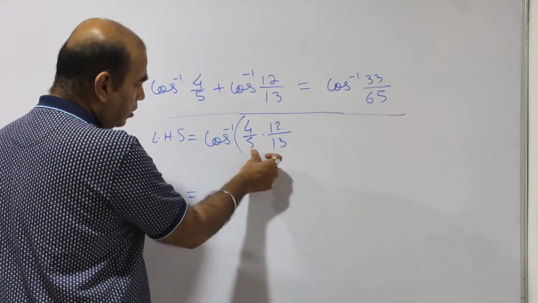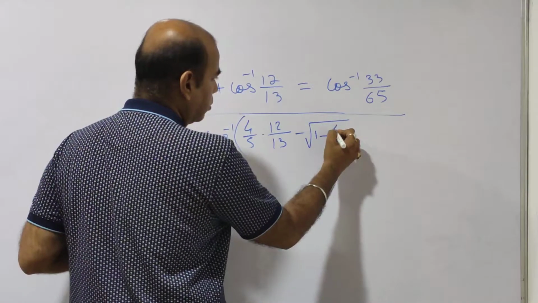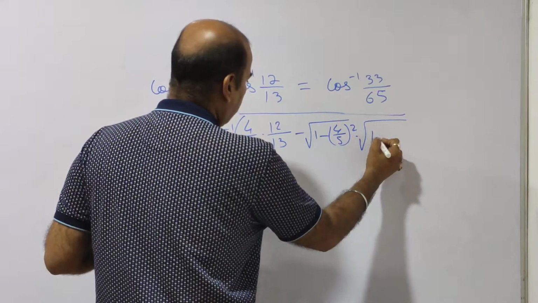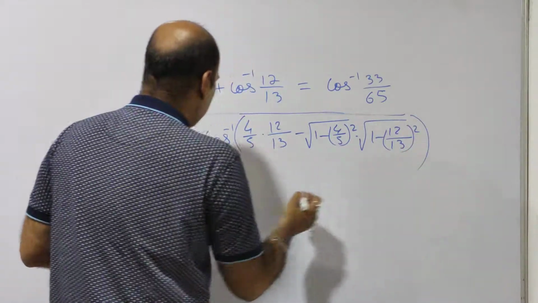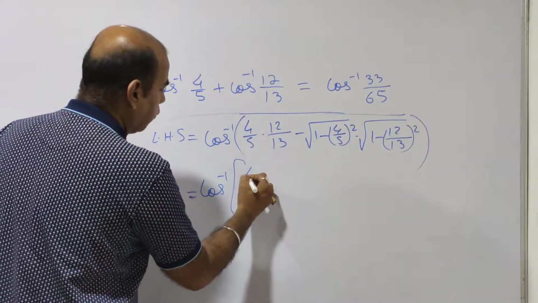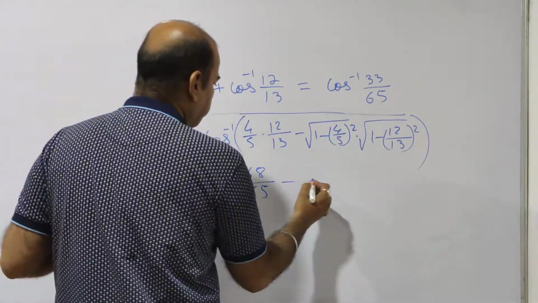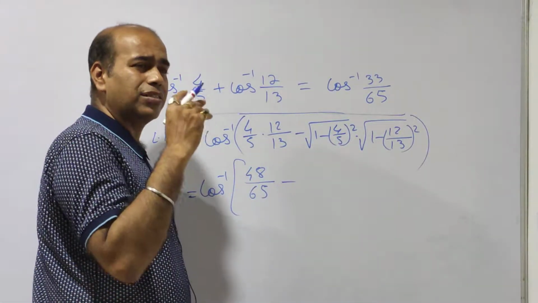So cos inverse x into y minus root over 1 minus 4 by 5 square into root over 1 minus 12 by 13 square. Now if I do this, what happens? 12 4s are 48, 13 5s are 65, minus, it is 16 by 25, 1 minus 16 by 25.